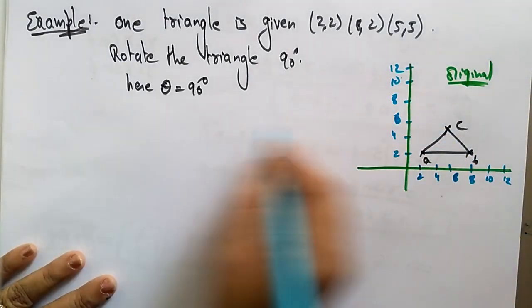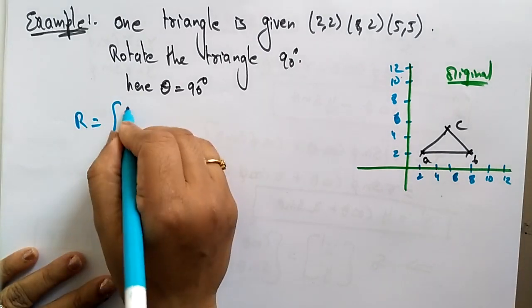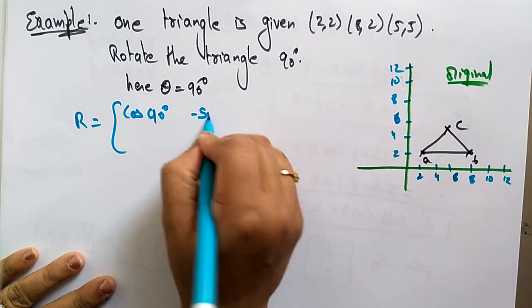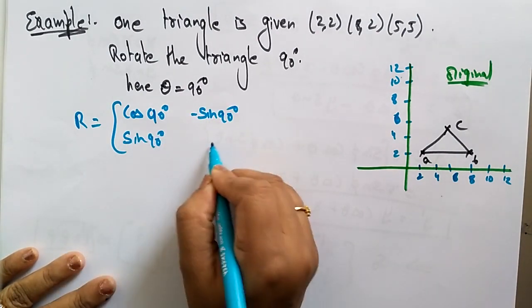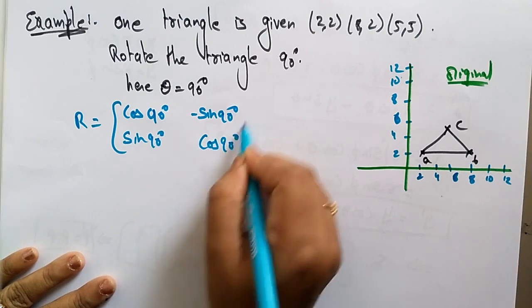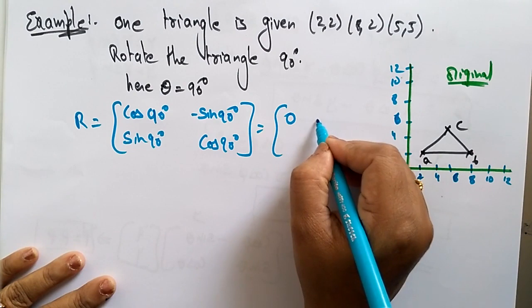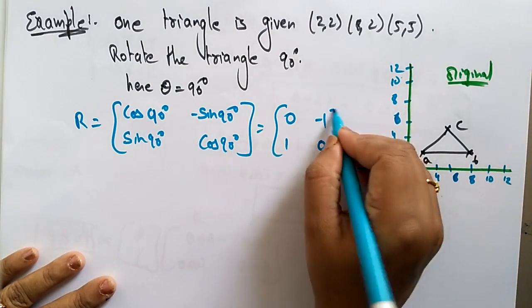So how is it possible? Let's see. Here R is equal to [cos 90 degrees, minus sin 90 degrees; sin 90 degrees, cos 90 degrees]. Cos 90 is 0, sin 90 is 1, that is a minus here, and the sin 90 is 1 and the cos 90 is 0.